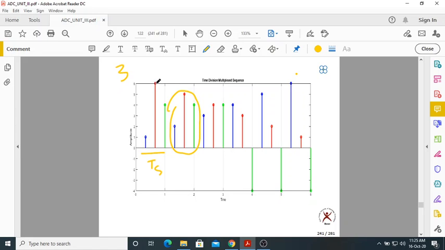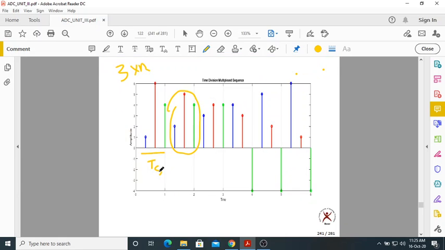Each and every sample will be encoded using small n bits. So in Ts seconds, we are transmitting 3 into n bits, and in total 3n bits.